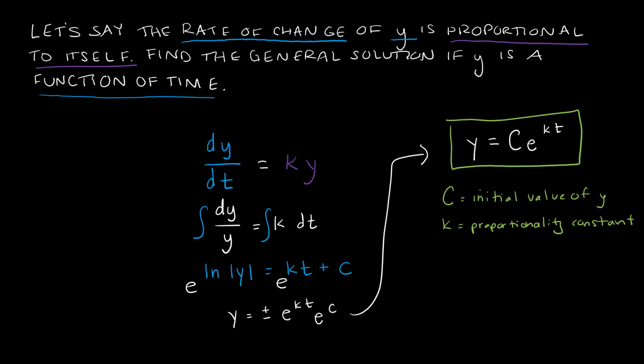That's why they call it a proportionality constant. Keep in mind, if k is greater than 0, that this is exponential growth. And if k is less than 0, then we're talking about exponential decay, where something is decreasing over time.